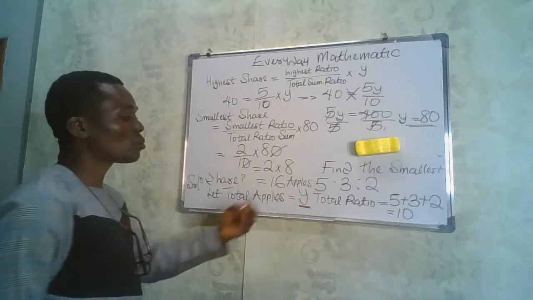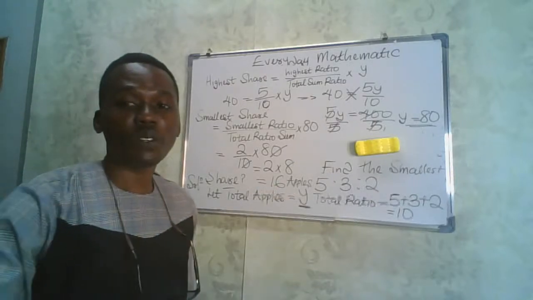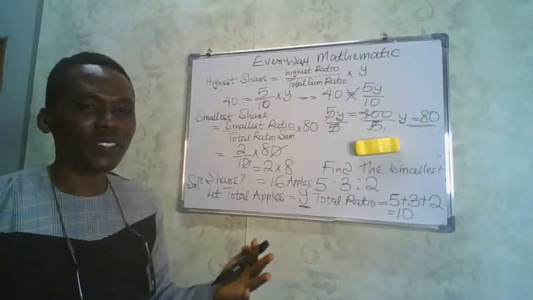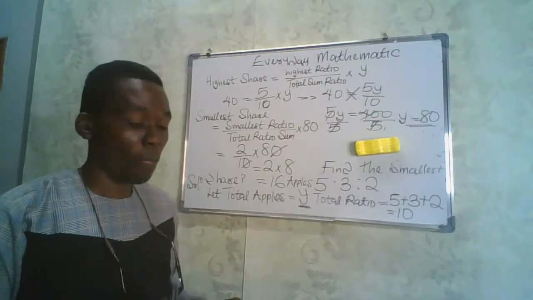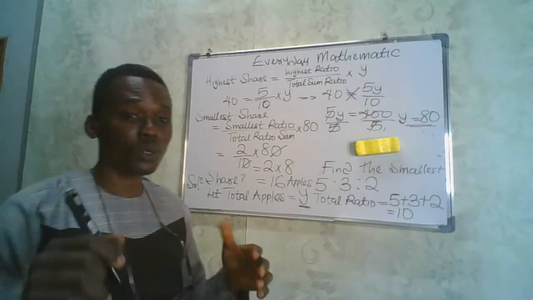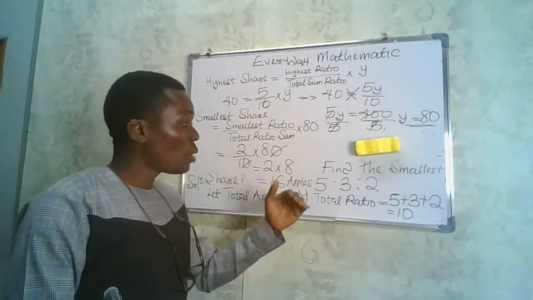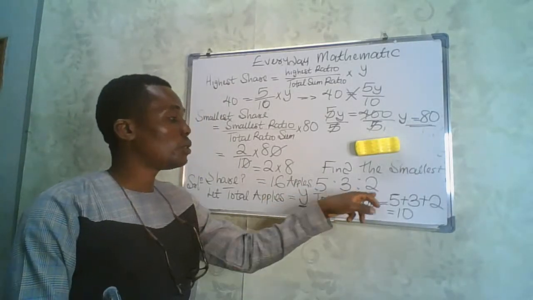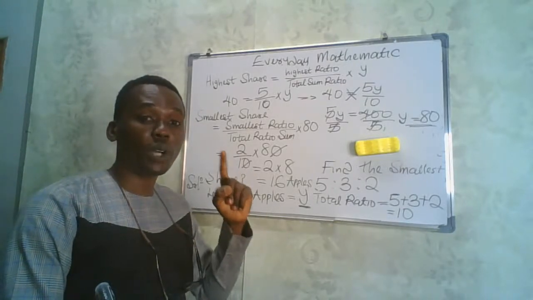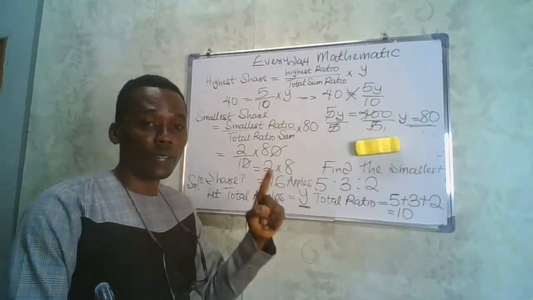So that means the smallest share is just 16 apples. Very, very easy. Now, remember what I told you, that if you want to find the total ratio, it is the sum of all the ratios. It's very important because if you do that, you're going to have the total value.